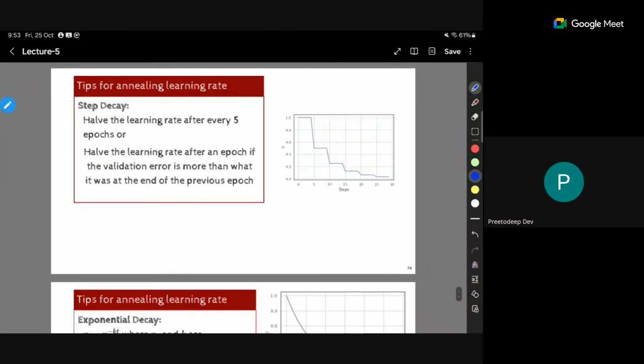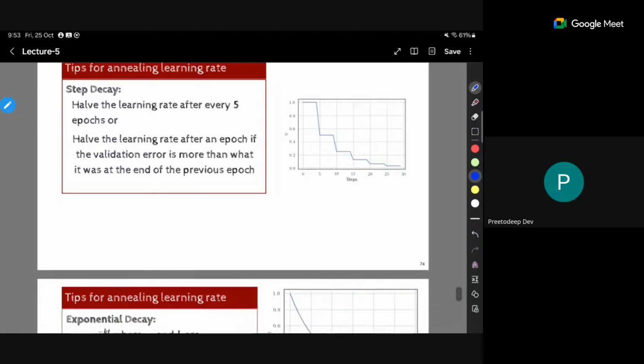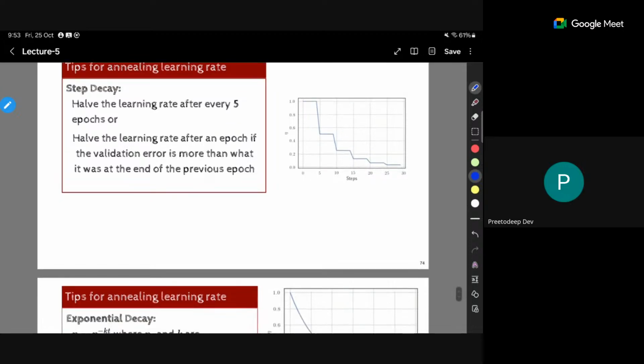Generally, in step decay we half the learning rate after some iterations, right? Here that's what is mentioned, and maybe you can go with this only for step decay, that will half the learning rate after some epochs. So the epochs will be mentioned.